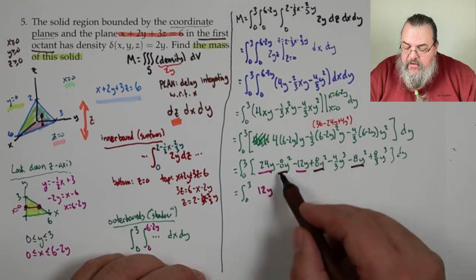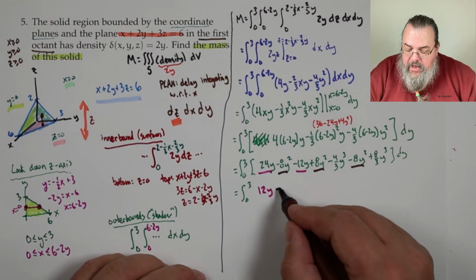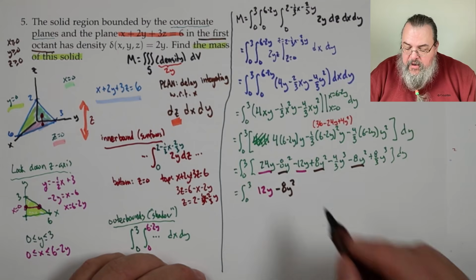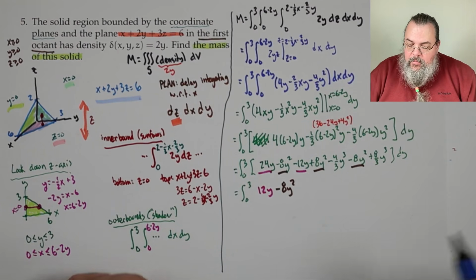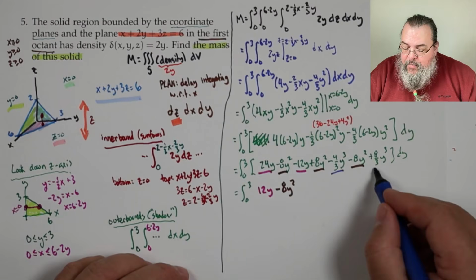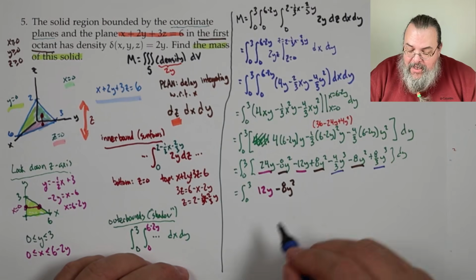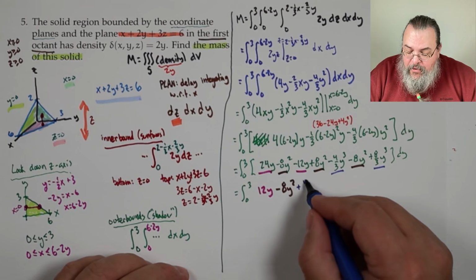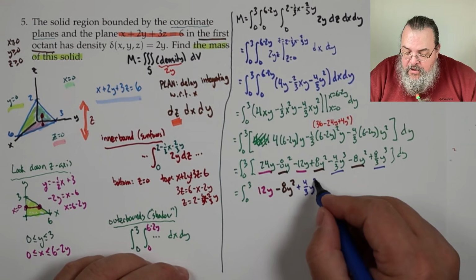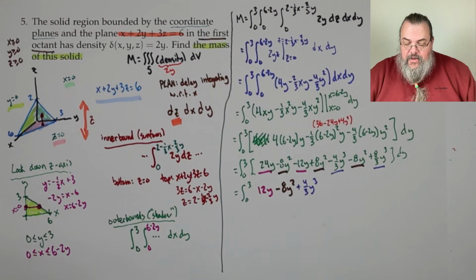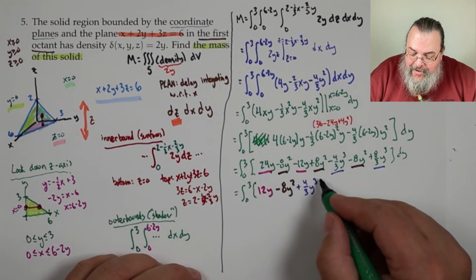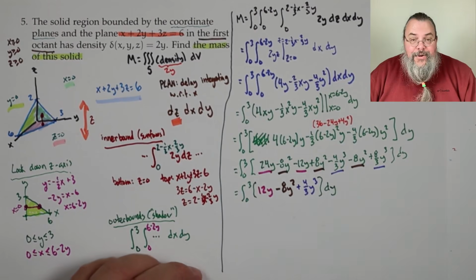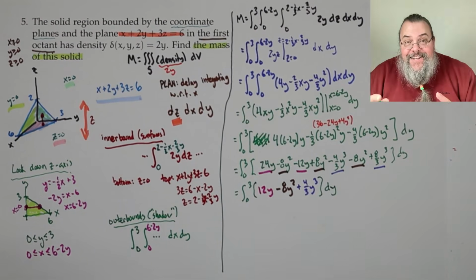The minus 8 and the plus 8 cancel, leaving minus 8y squared. And then we have a minus 4/3 y cubed and a plus 8/3 y cubed, making it plus 4/3 y cubed. All right, good. Whew. This looks like an integral we could do.